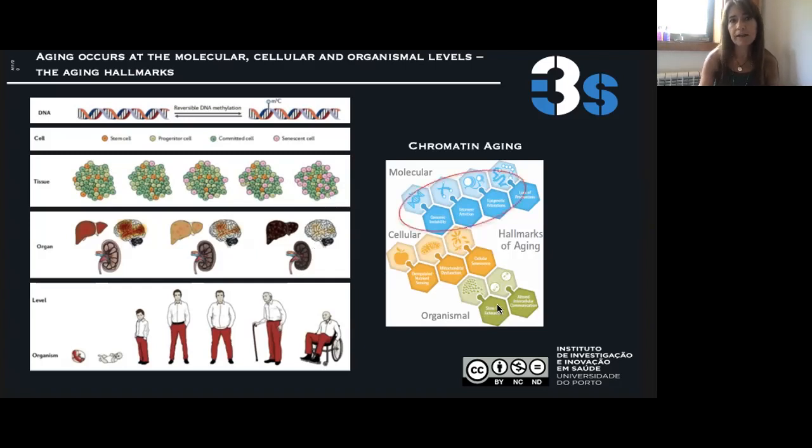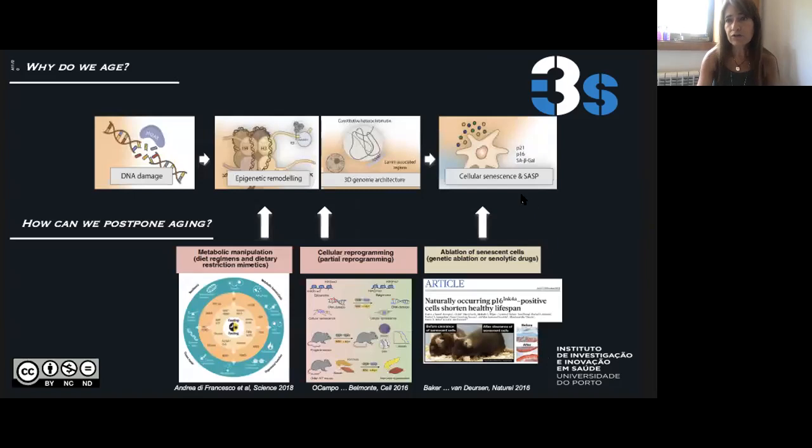In the lab, we have been focused on chromatin aging and how this leads to cellular senescence. Our rationale is that increased chromosomal instability and consequently DNA damage leads to a progressive loss of chromatin architecture and epigenetic remodeling, which in turn compromise the cell type specific gene expression that determines cell identity and function.